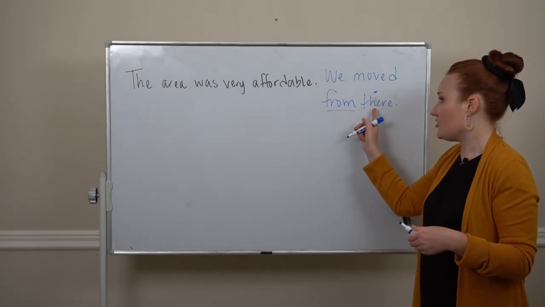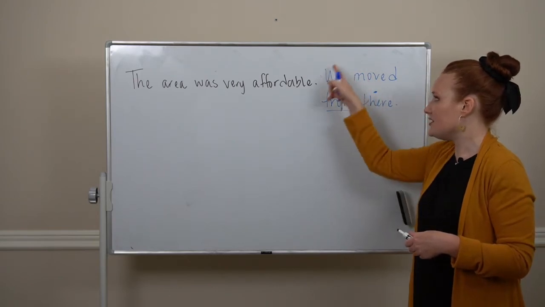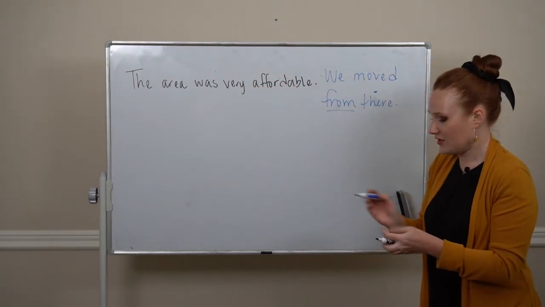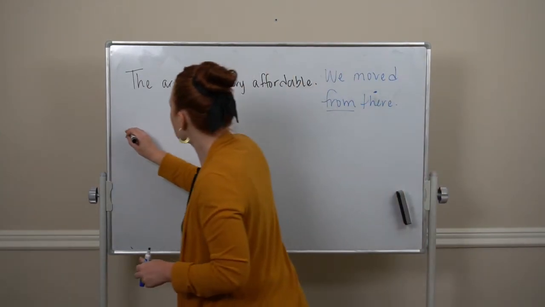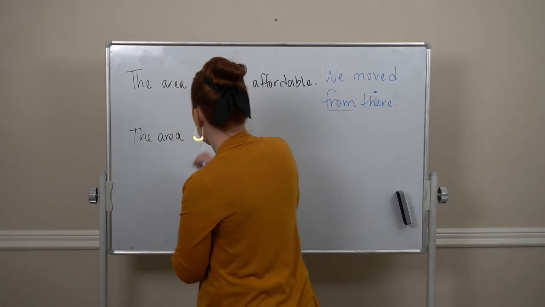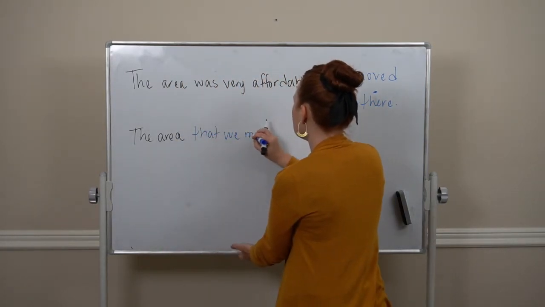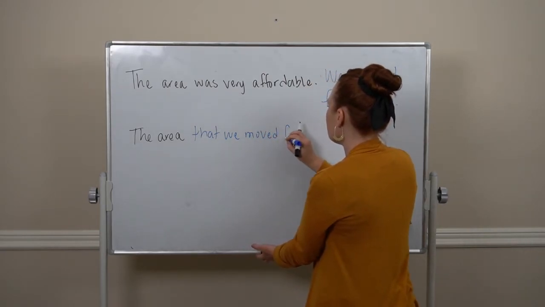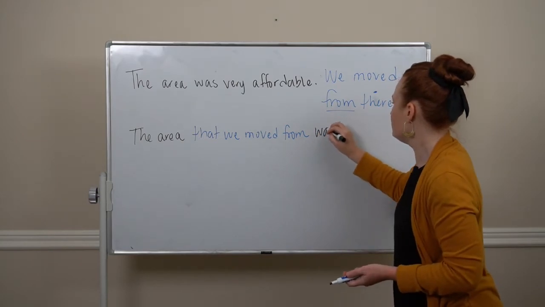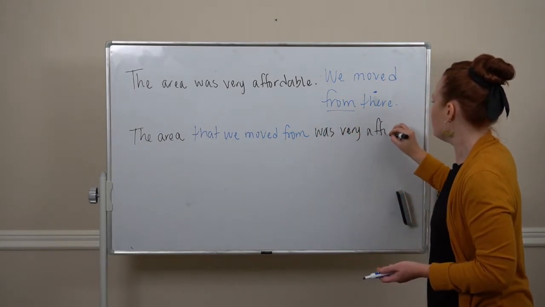I can change there to that, which, or nothing, move it to the beginning, put it after the area. So that would look like the area that we moved from was very affordable.